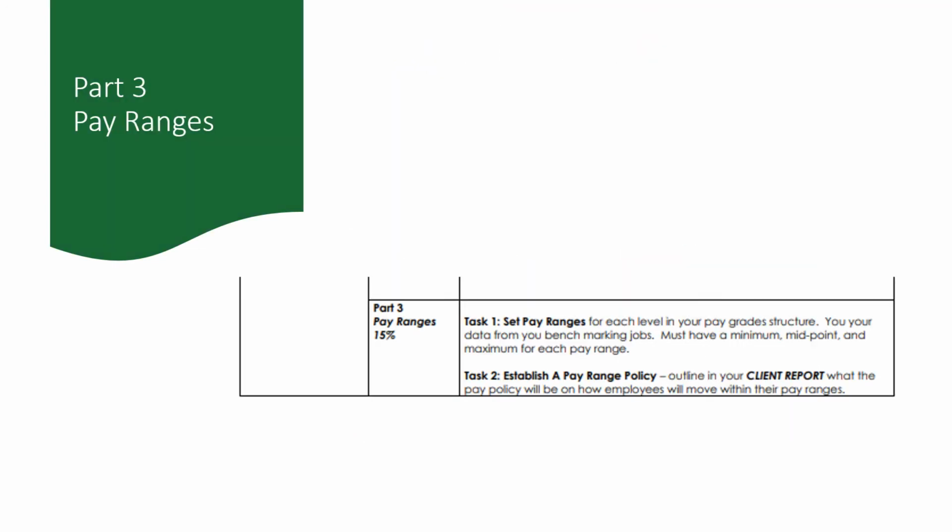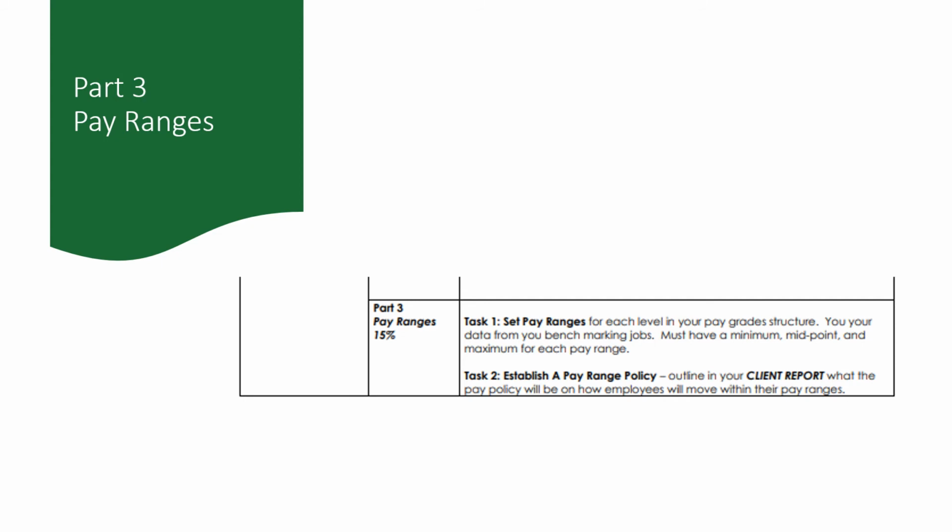So part 3 of this assignment is setting the pay ranges. I've already talked about where that's located in the Excel spreadsheet. So in this section, your first task is to set the pay ranges for each level in the pay grade structure. And the data from your benchmark jobs needs to be what you use to establish the midpoint, and then you have to establish the maximum and minimum point for the pay range around that benchmark midpoint.